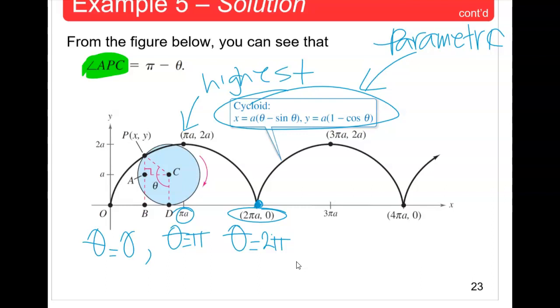So that will be the angle that starts at point A, then goes to point P, and then C. So we're talking about this angle here. That angle is going to be defined as pi minus theta. And we say pi minus theta because you could see here you have a right triangle.